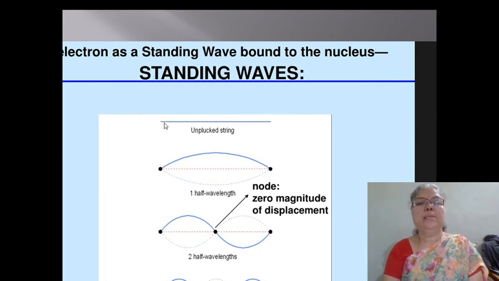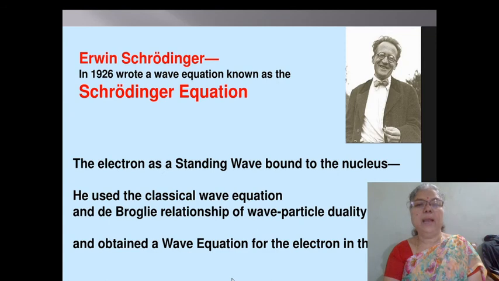This is the unplucked string, that means it has no motion. But if we give a stroke to this stretched string, then we have nodes and antinodes. Here it is a half wavelength, here two half wavelengths, here three half wavelengths, four half wavelengths.